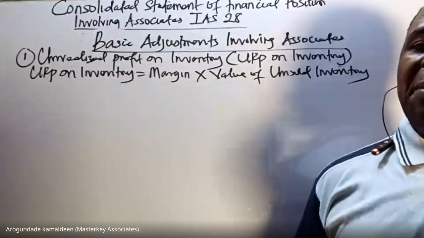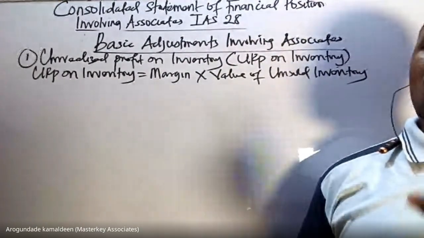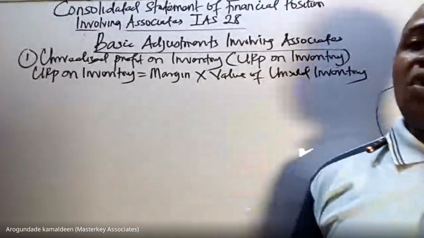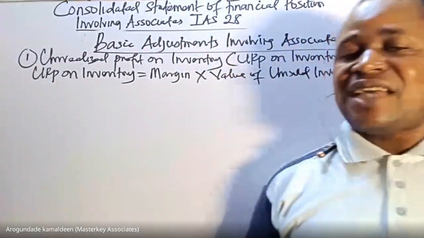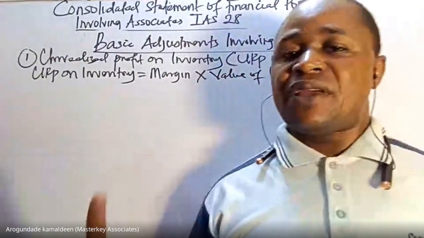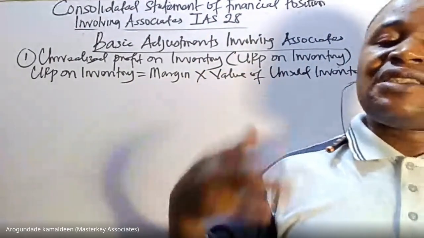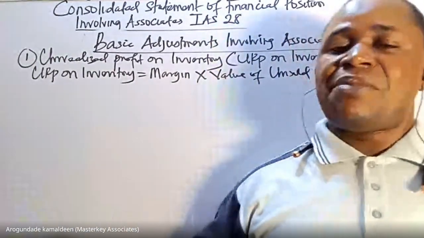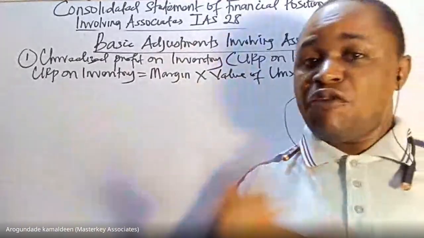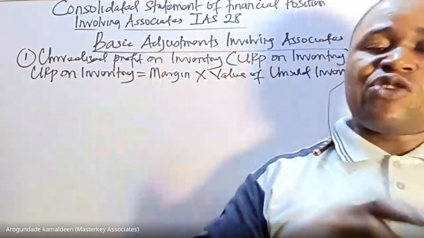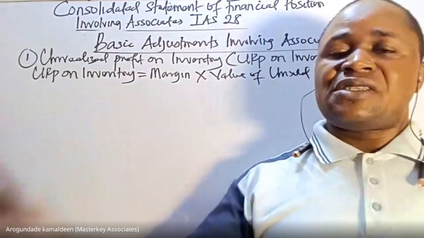Now, you will remember that between the parent company and the subsidiary, when you have determined the URP, what you do is that you take the URP from the consolidated inventory in the balance sheet, and from the retained earnings of the seller in full, right? The seller could be the parent or the subsidiary.